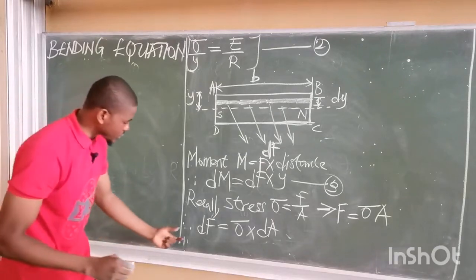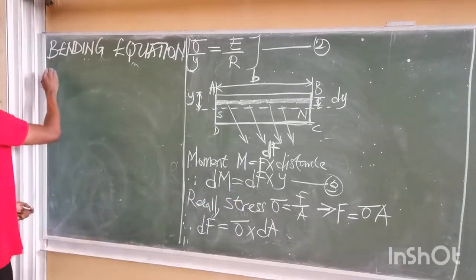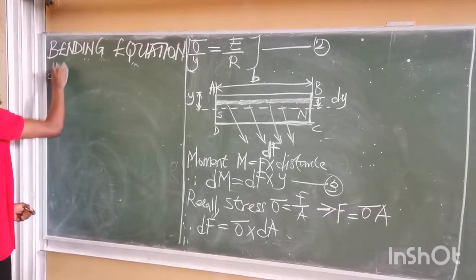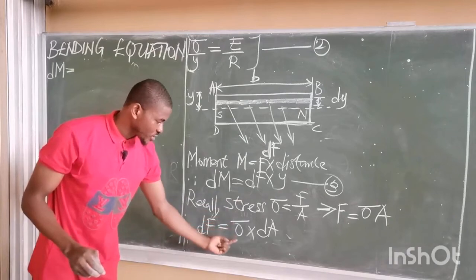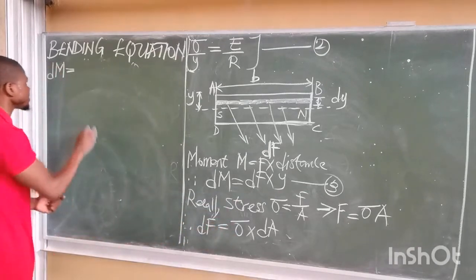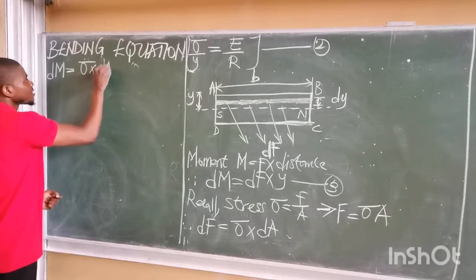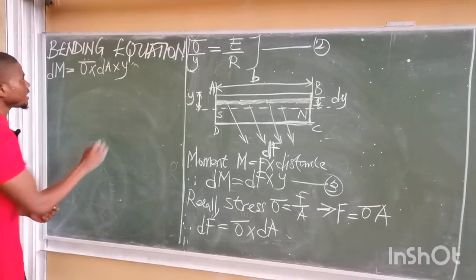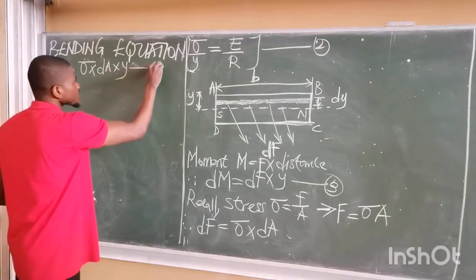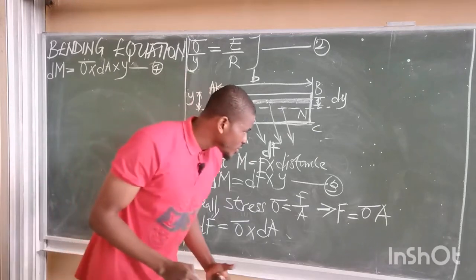If we substitute this value for the F into equation 3, we have the M equal to, in place of the F, stress times the A. That gives us stress multiplied by the A multiplied by Y. So we have this. Let's call this equation 4.